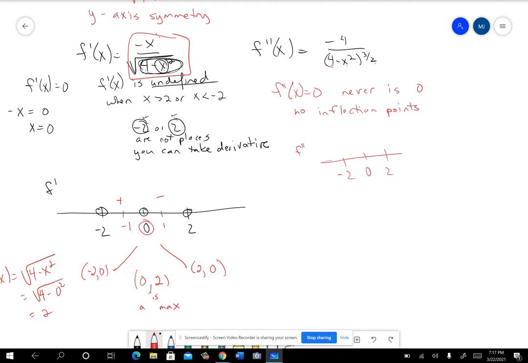I could work all that out, but I really don't need the whole thing worked out. I just need to know positives or negatives. Put a 0 in there, I get a positive. Square root would be positive. Cube it would be positive. But on top, we have a negative. So that means it's going to be negative there, and that's what happens completely in between those two. So that means this thing should be concave down everywhere.